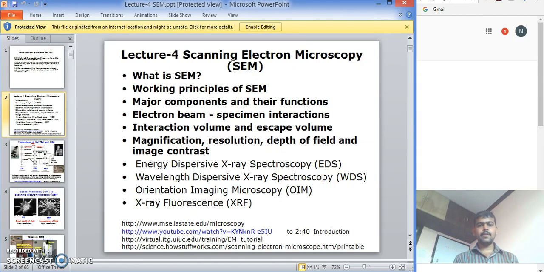So in this video, we are going to look at the following points. What is SEM? The working principle of SEM, the major components and their functions, the electron beam and specimen interaction volume and escape volume, the magnification, resolution, depth of field and image contrast, and various other aspects.